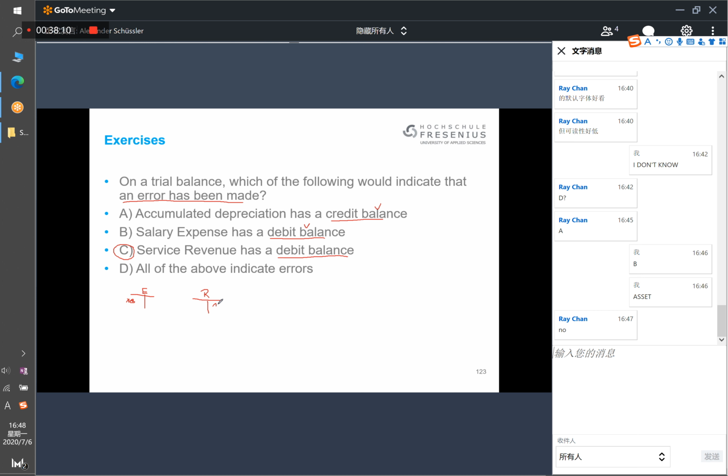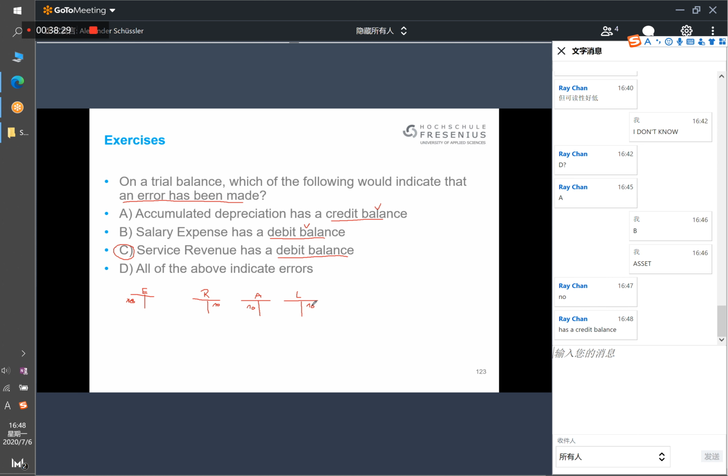Asset accounts have debit balances. Liability accounts have credit balances. And normal equity accounts, where do they have their balance? Credit or debit? Credit.